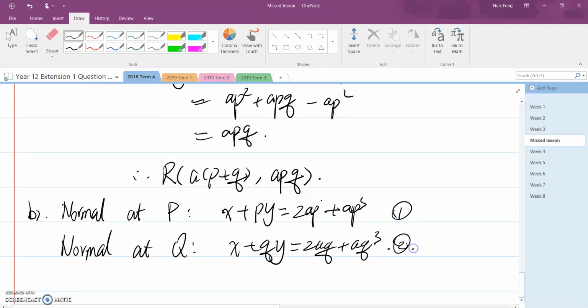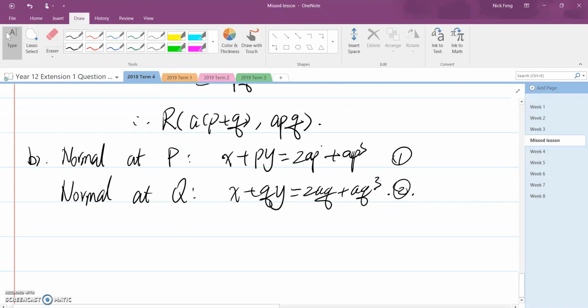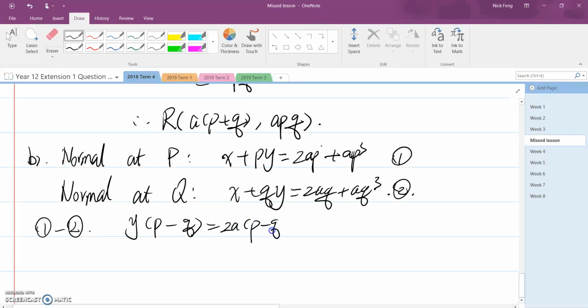I'll call this equation 1 and equation 2. Now, to solve the normals is a little bit more tedious, but quite easy actually. I need to solve them simultaneously. Just 1 minus 2 to get rid of the x. Finding y is easier. So we get y(p minus q) equals, let's take the 2a out, 2a(p minus q) minus a(p cubed minus q cubed).